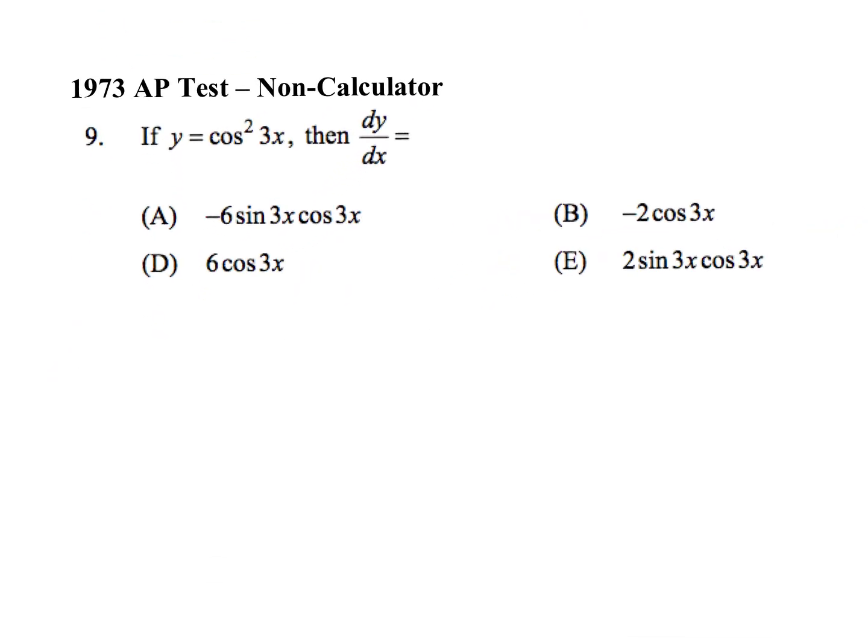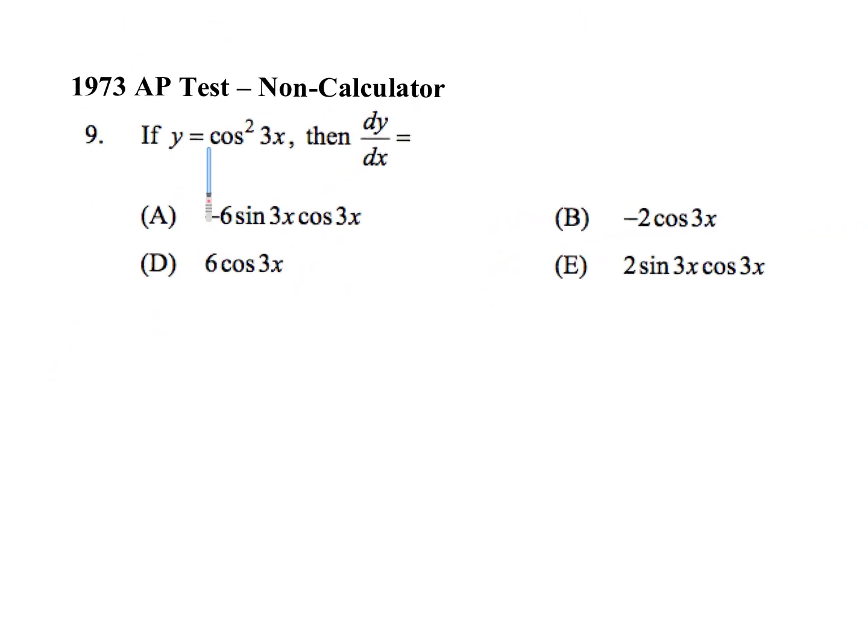How could I rewrite this thing to help me with my layers? My original function is really the cosine of 3x, exactly, that quantity squared. I think rewriting this is huge so that I can see what is my outerest layer. What's the derivative of something squared going to do?